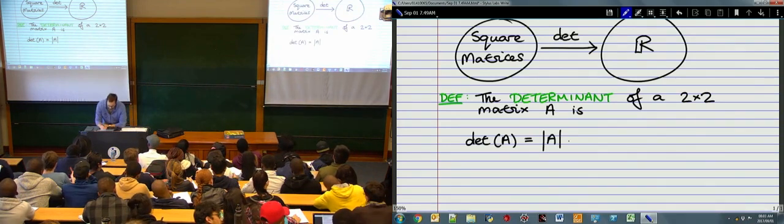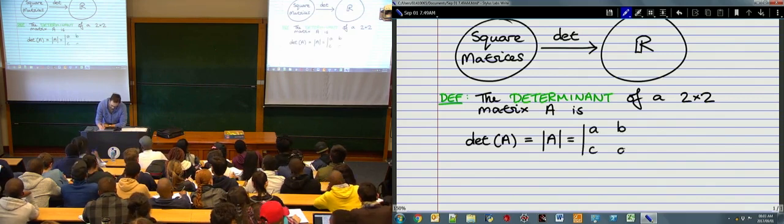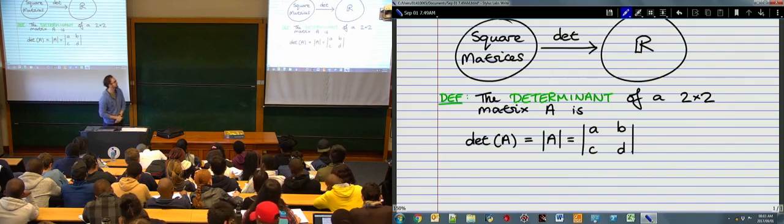And we might write that like this, a, b, c, d. Right, so that's our matrix a, b, c, d.